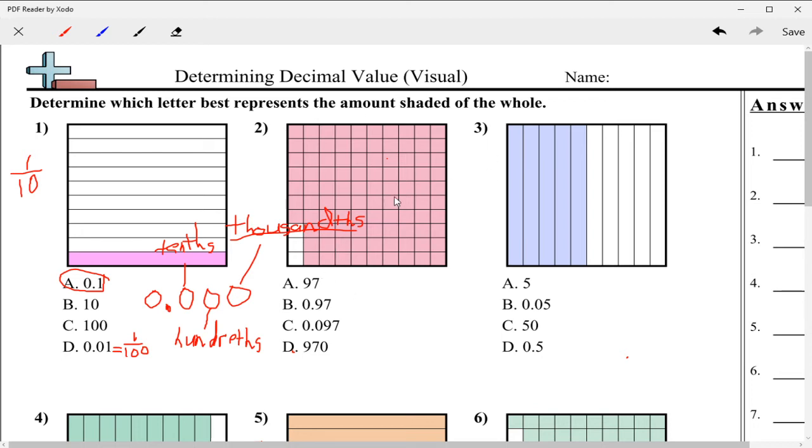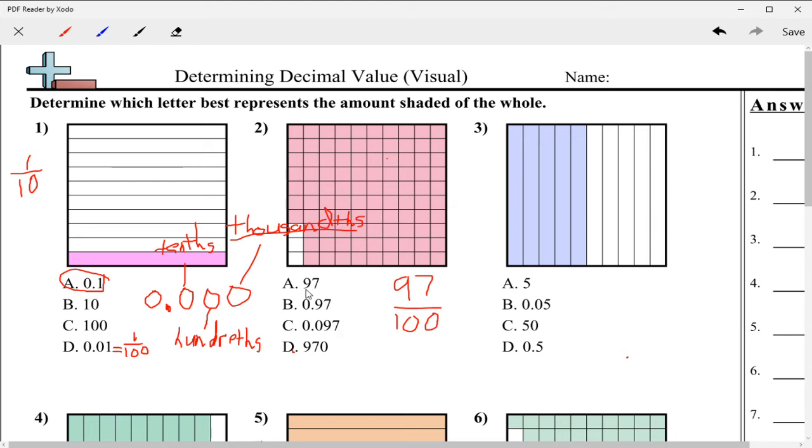Because this whole thing would have to be filled in for it to be 1. So we have to look at decimals, and we have 97 hundredths, right? So it would be 97 over 100 in a fraction.